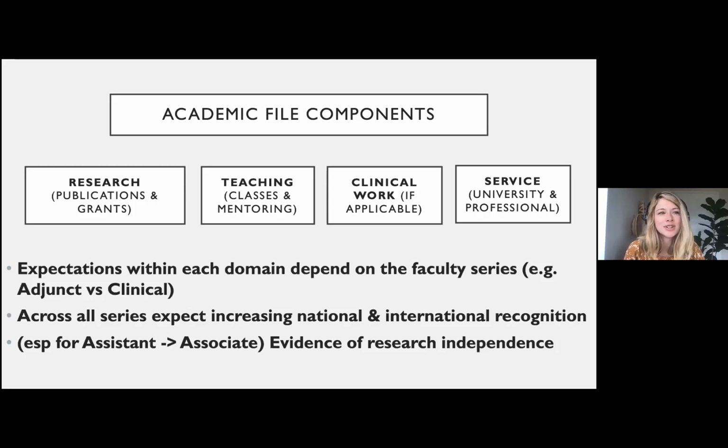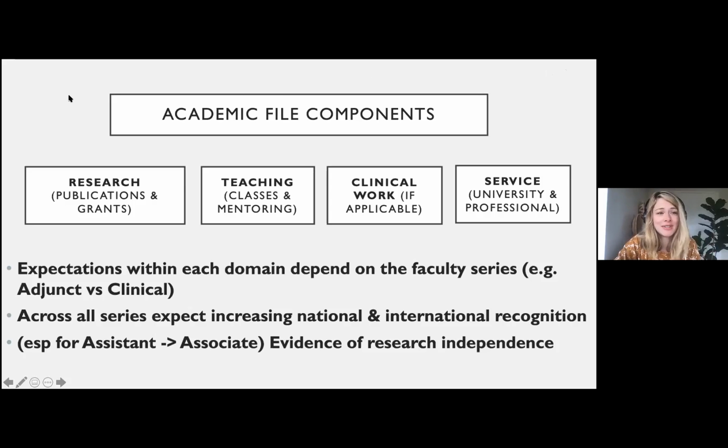Are you a journal editor? Do you help organize conferences? Things like that. Do you help with professional activities and external professional things going on there? And in addition to those 4 main components of research, teaching, clinical, and service, okay, so the expectations within each domain depend on your university.